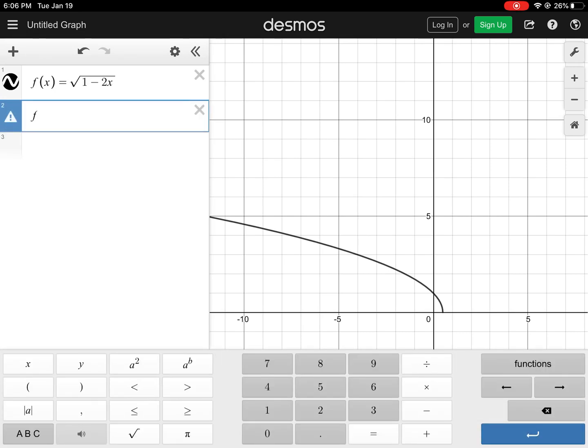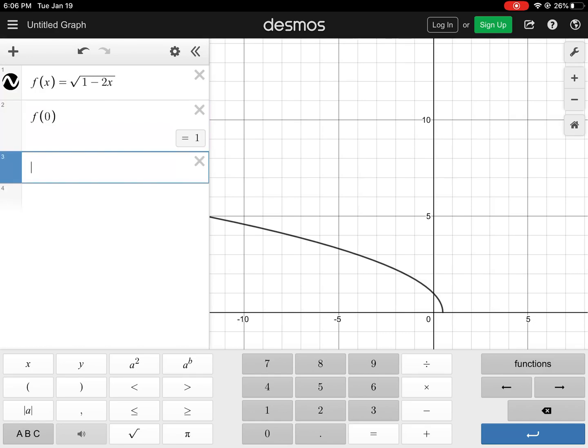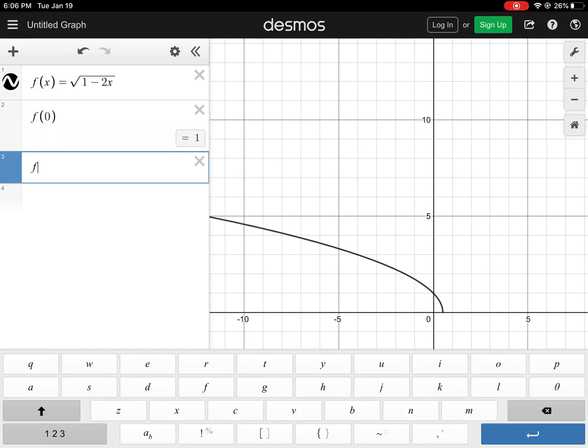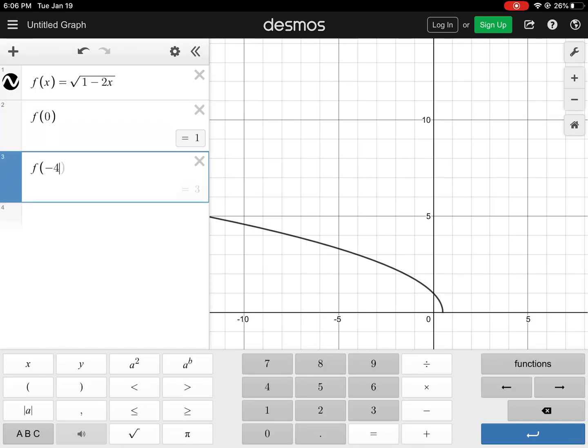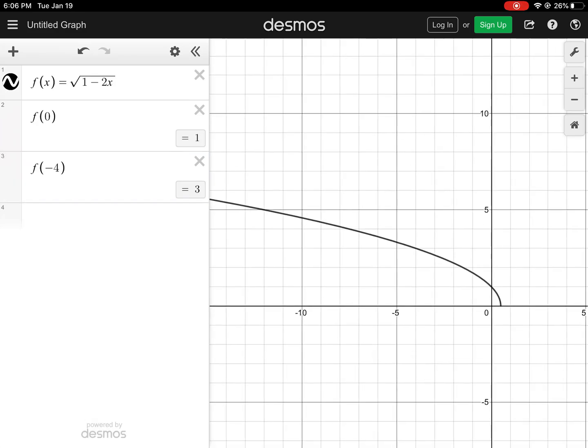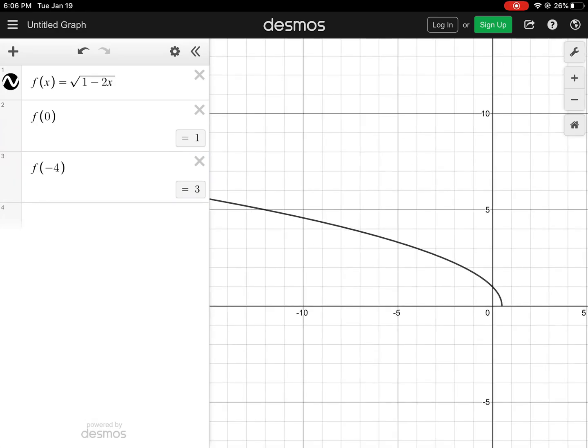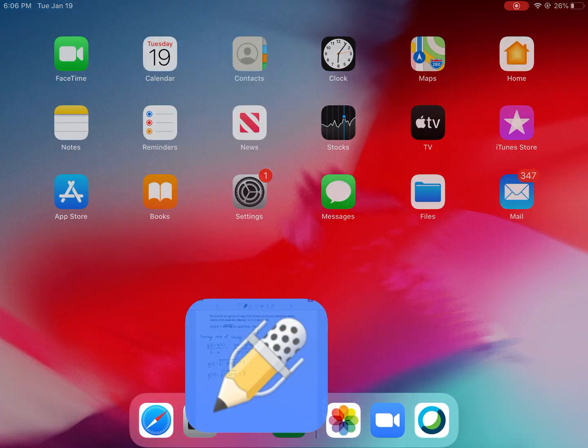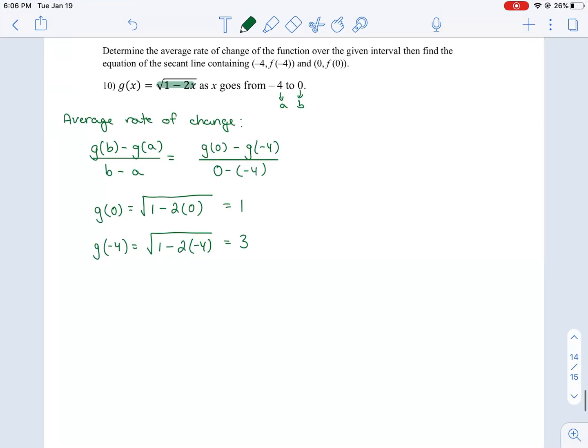I type in f of 0, which is 1, and then f of -4, which is 3. So the average rate of change is 1 minus 3 divided by 0 plus 4, which is -2 divided by 4, which is -1/2.